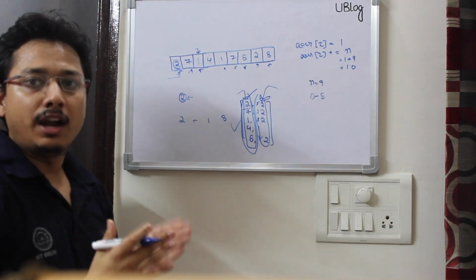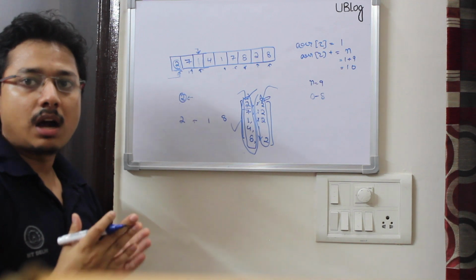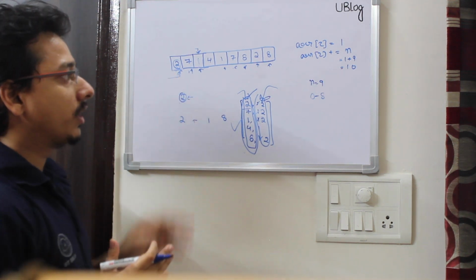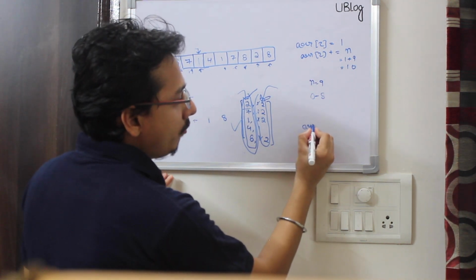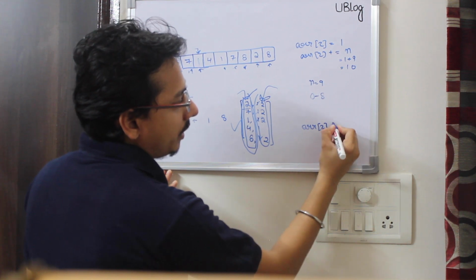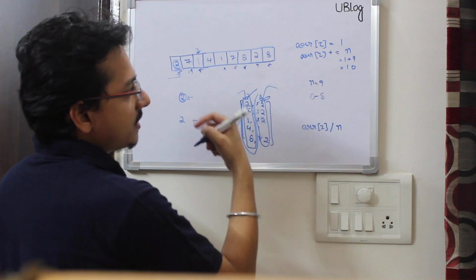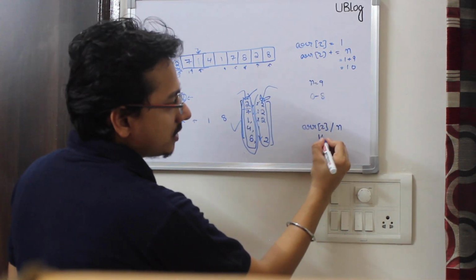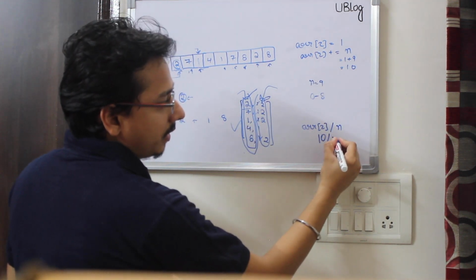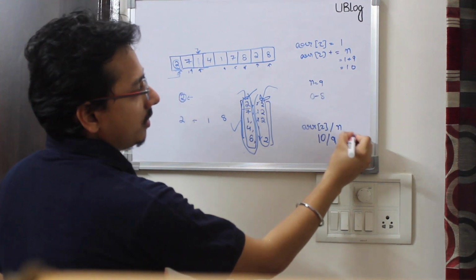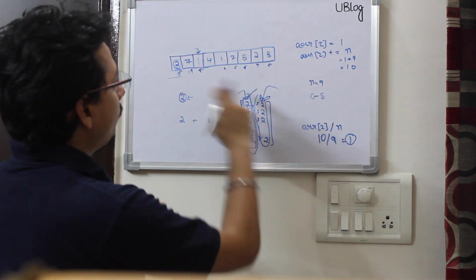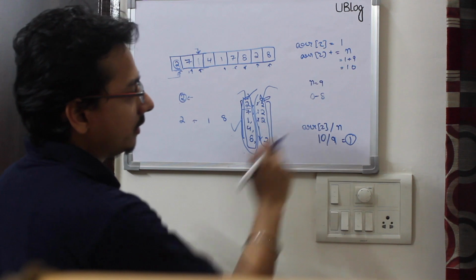In the end, when I need to check the count of occurrence of 2, I do array of 2 divided by n. 10 divided by 9 is 1. So my count of occurrence of 2 is 1, and this is how I can do it.